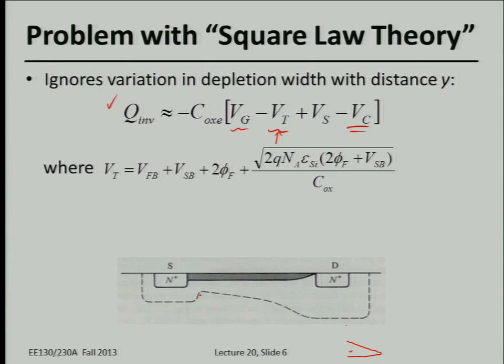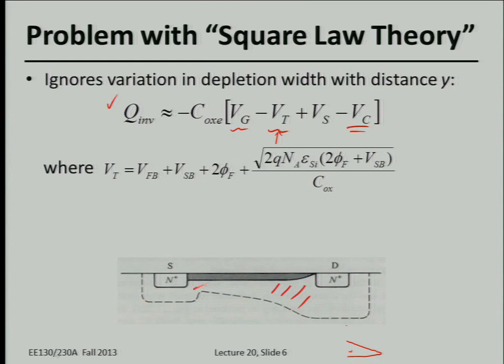The region closer to the drain terminal, which has a very high voltage, likely reverse biases the p-type substrate, so it enlarges the depletion region. So around this region, you have larger depletion charge. But at the source terminal, you use it as ground, and you have less depletion charge here.